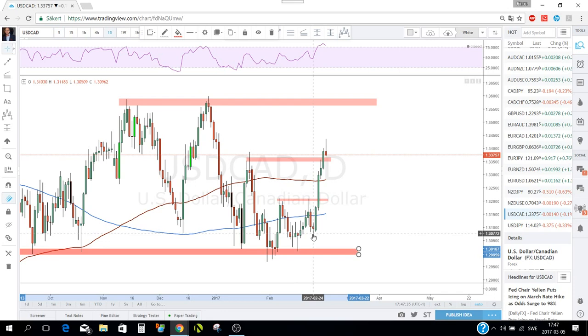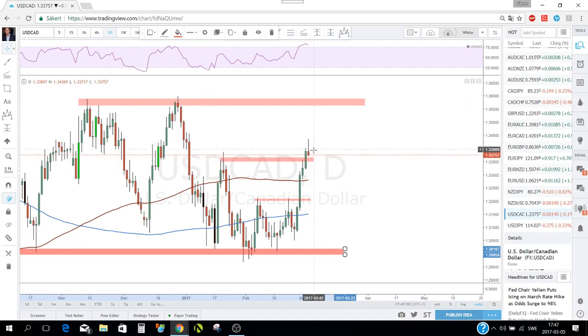And finally price did make this huge move to the upside, and now, as many USD pairs found rejection on Friday, we got this pin bar. But let's not forget that we have a higher close and a higher high, higher than this high here.